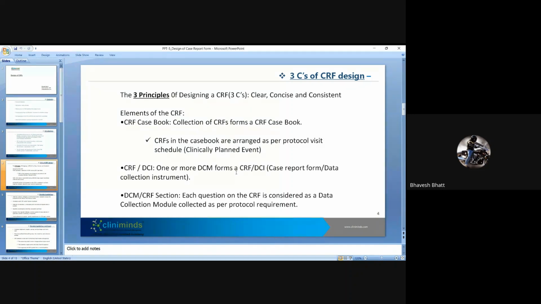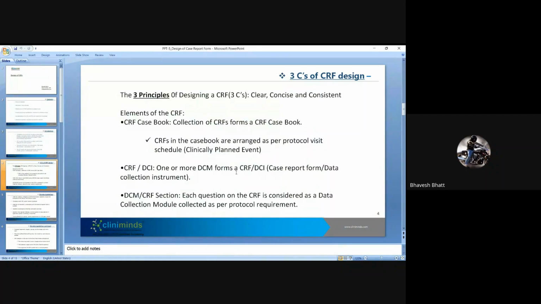When we combine these CRFs together, we form a CRF casebook, and thus a DCI, or data collection instrument, is an individual CRF, which is a subset of the casebook. And then there is the DCM, which is a section of the CRF. Each question on the CRF represents a data collection module, which is collected as per the protocol requirement.